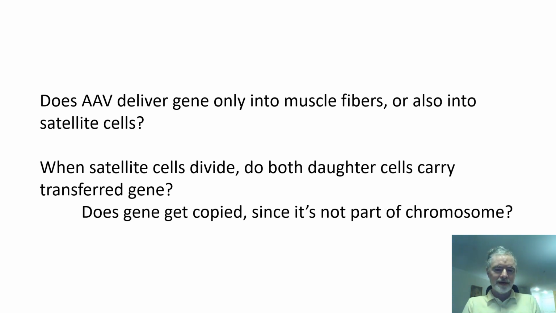Normally what happens when a cell divides is it makes extra copies of every chromosome, and then the two sets of chromosomes get pulled to each of the newly formed cells. So we don't know if there's just an extra bit of DNA. We don't know what happens, or whether the two cells will both inherit.